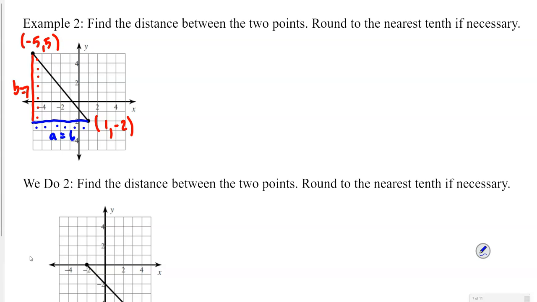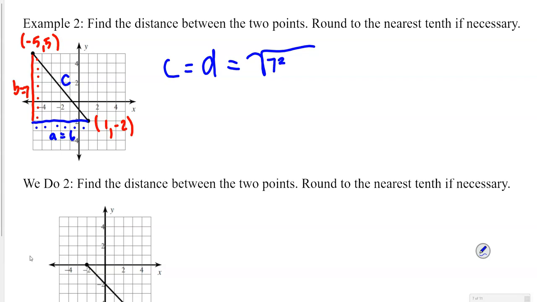So then what are we going to find here? We're going to find c, aren't we? Isn't that what we're looking for here? Okay, and that's the distance, right? So again, this is d, which was our c, right? c is equal to d. Same thing here, right? So we're going to do the square root, remember, of, because it's a squared plus b squared equals c squared.